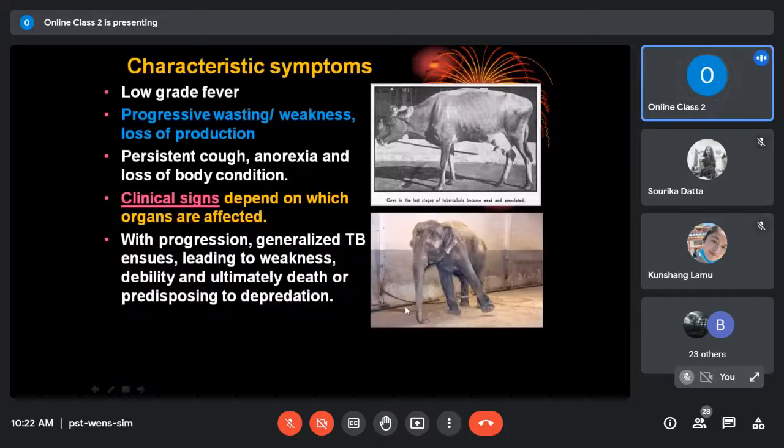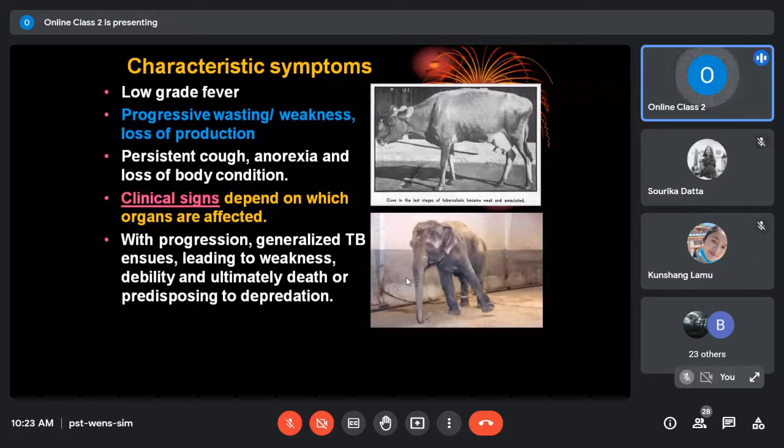Now coming to characteristic signs and symptoms. When we are talking about any kind of infection, fever is one of the very common signs, but here it is a low-grade fever, not a high rise of body temperature. The animal will show progressive wasting, weakness, and loss of production.